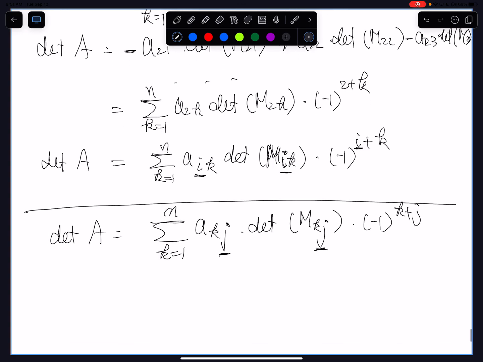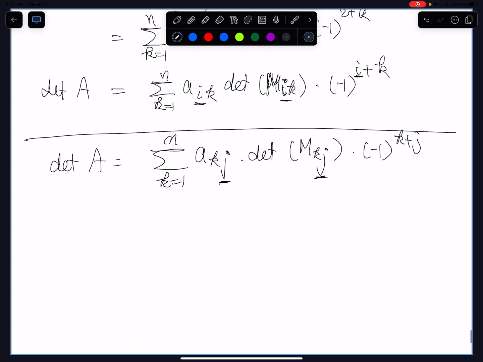All right. What else? It takes time to get used to it, to compute it. It takes time to compute it, but I'm sure you'll get there.